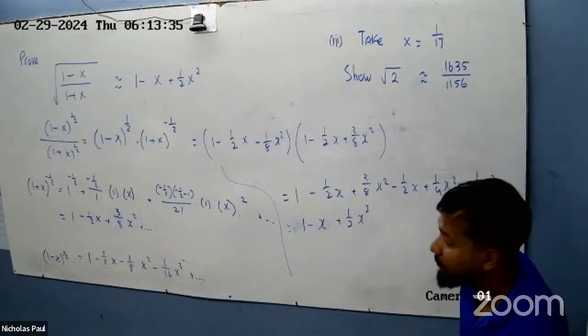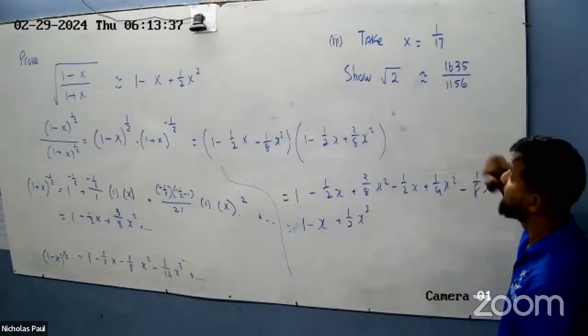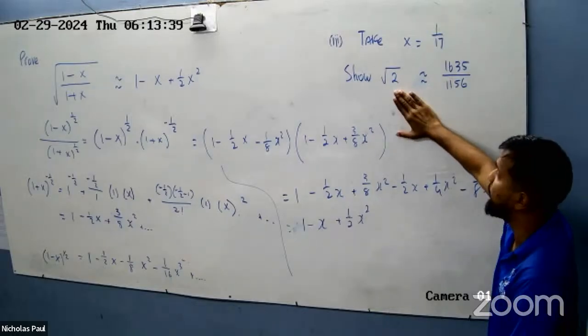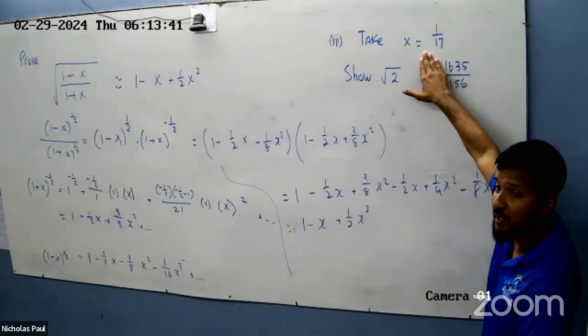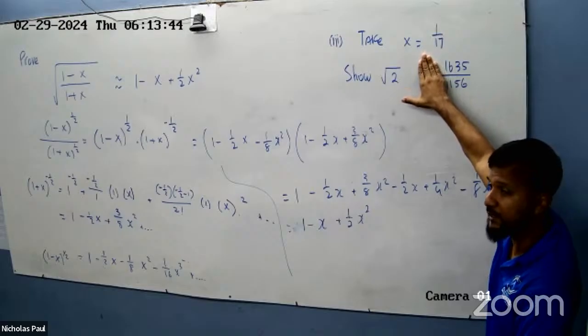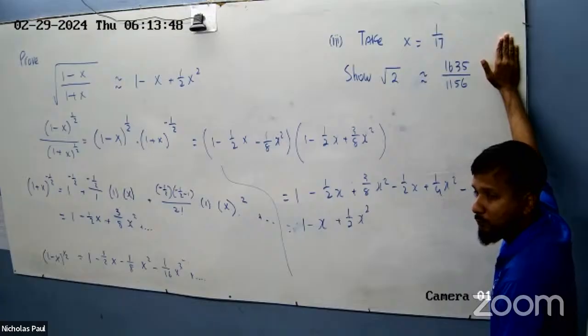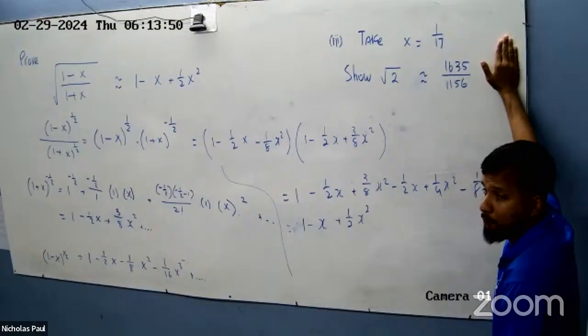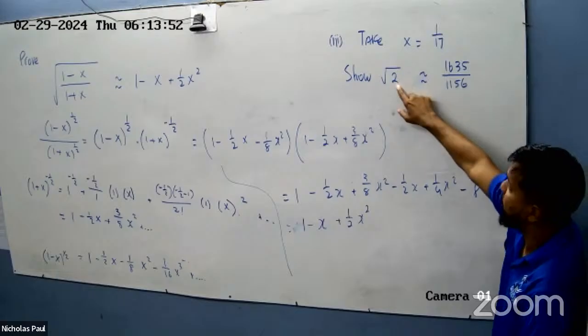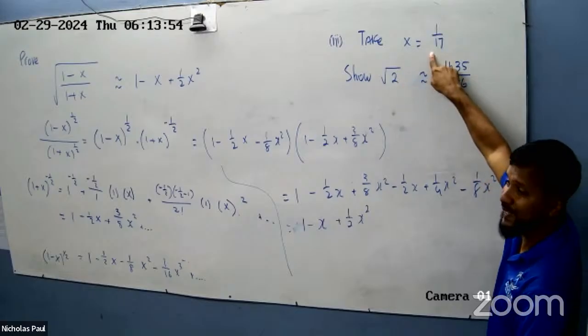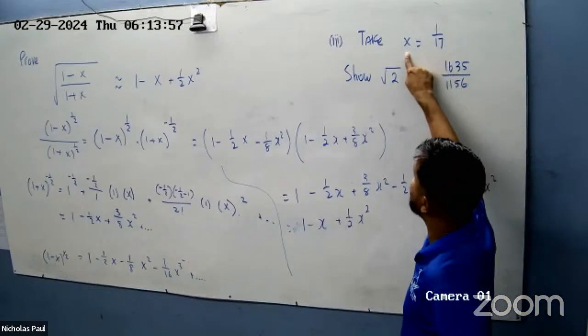How are we doing that? Are we going to show that root 2 is this? But the question said take x as 1/17. What will you do? We showed this is equivalent to this, and they said take this. So where will you put this?